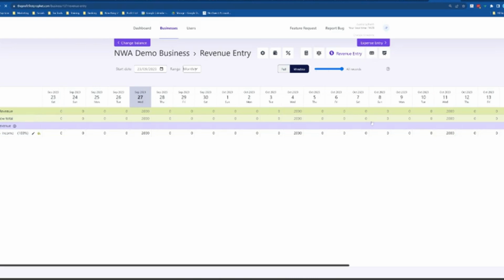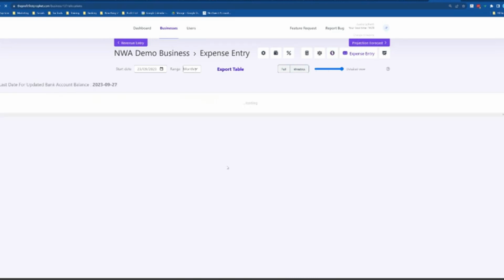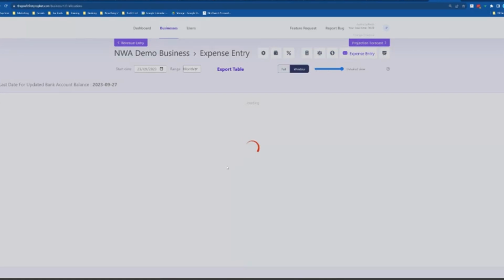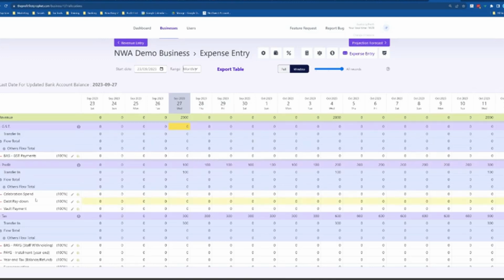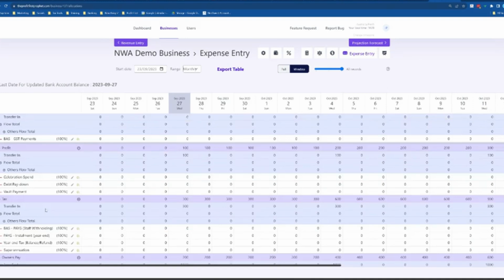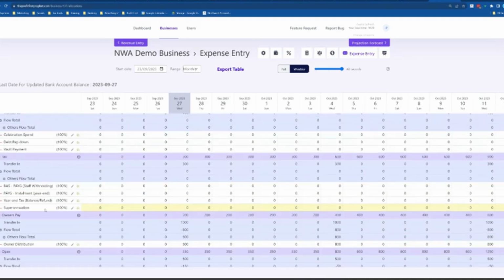Then here's where the spreadsheet on steroids a bit starts. And this is about expense entry. And we're putting in, based on each of the bank accounts, what sort of things you spend out of each account and how much you're expecting to spend out of that account as well.